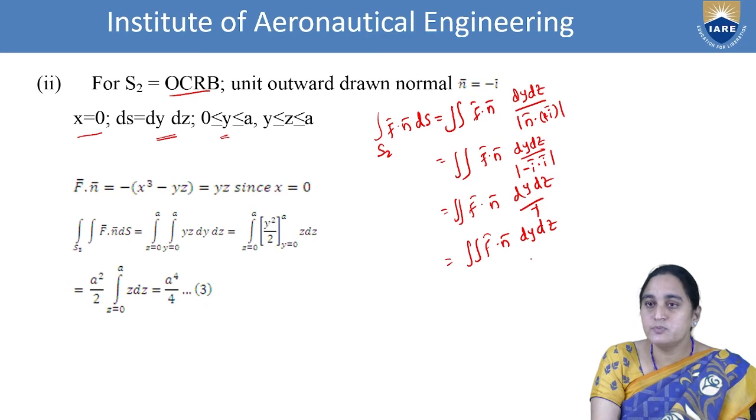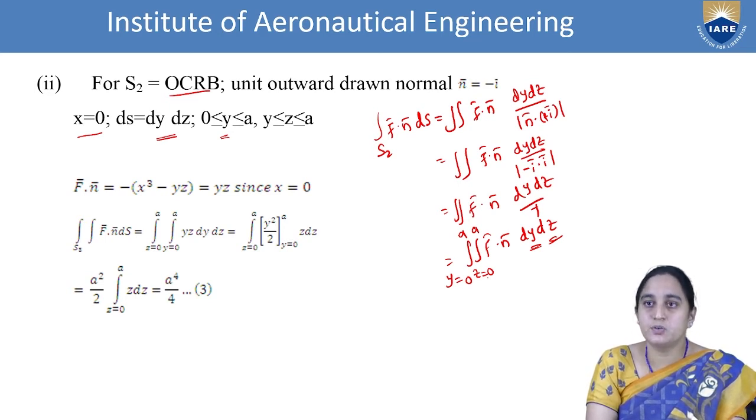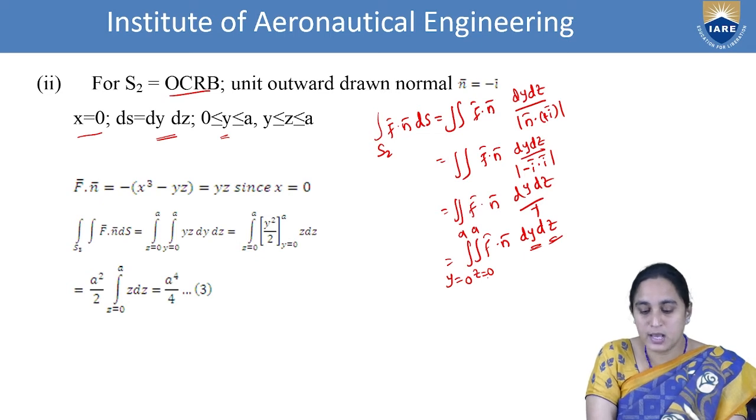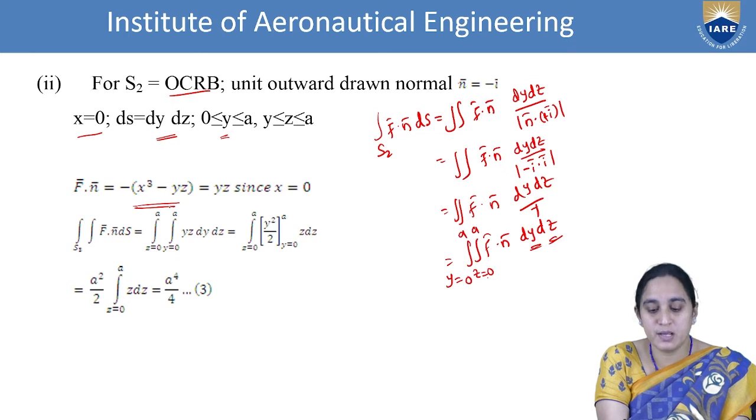Now integrating with respect to y and z, we take the limit points: y is 0 to a and z is 0 to a. That is double integral of y from 0 to a and z from 0 to a of f bar dot n bar dy dz. First we have to calculate f bar dot n bar. Here, what is f bar? From the given question, f bar is here. If you multiply with n bar, directly we get minus of x cube minus yz.